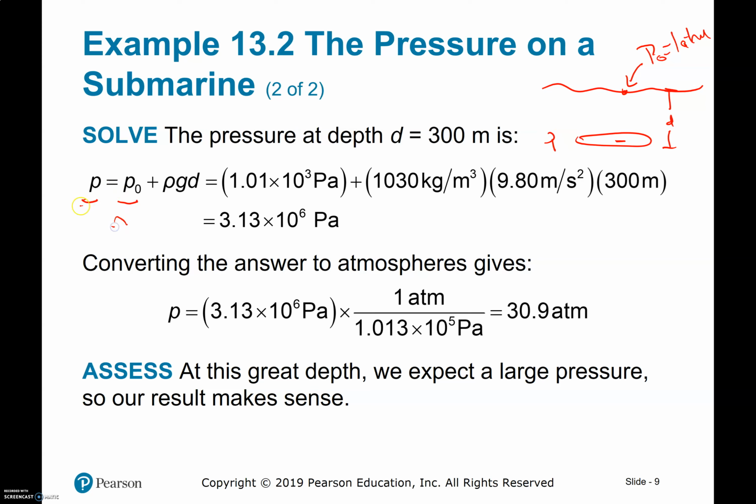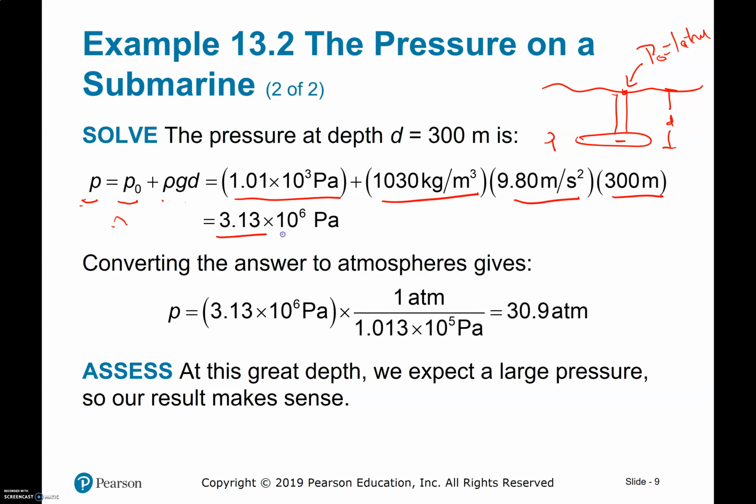So that pressure P is equal to 1 atm, which is P0, plus the weight of the column of water on top of the submarine. So that is rho g d. Then we put here 1 atm in Pascals, the density of seawater, g, and 300 meters, which is the depth.